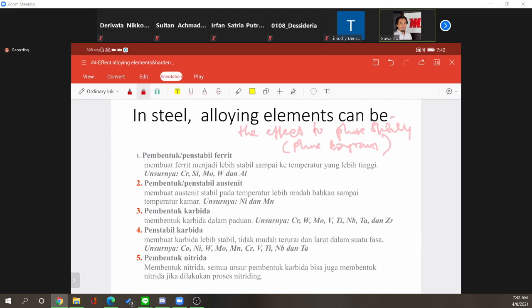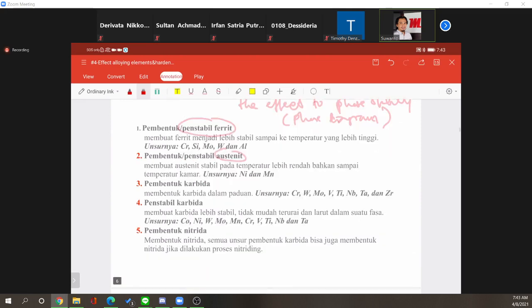If we talk about stability, there are elements that stabilize ferrite, which means they prefer to dissolve in ferrite and stabilize the phase. And there are also alloying elements that stabilize austenite and dissolve in austenite. I will explain later on, maybe in the next slide, what it means.